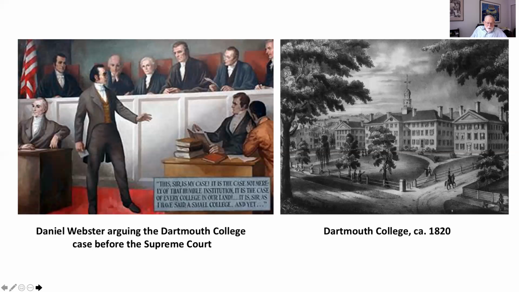Now, the last point that Marshall made is that the framers included the contract clause to prevent states from violating the right to property. And he argued that this had happened before.